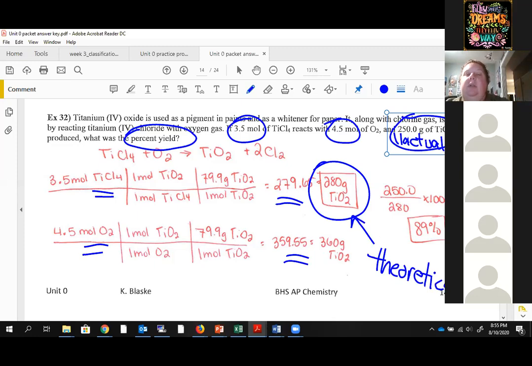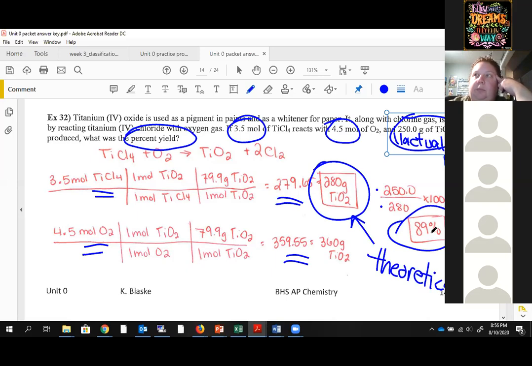So theoretical is what the math tells us, in a perfect world, this is how much you could make. The actual is what actually happened in a lab. And so to find the percent yield, we take that actual value divided by the theoretical value and then multiply it by 100 to turn it into a percent to tell us how much of that theoretical value was produced in the lab.